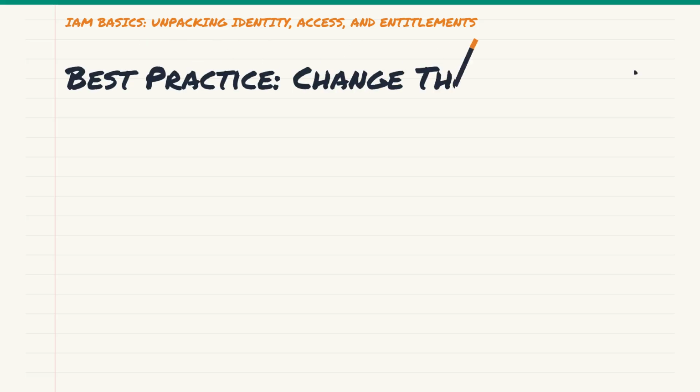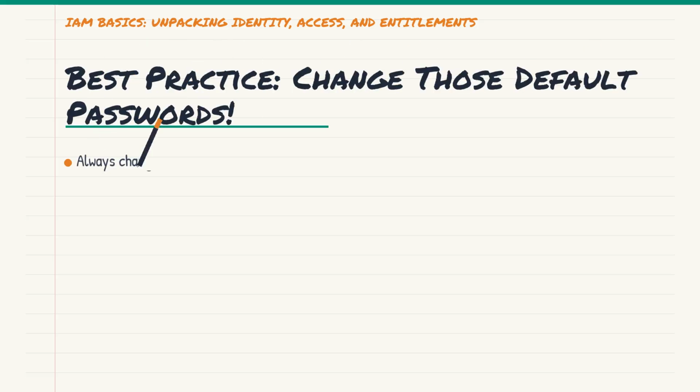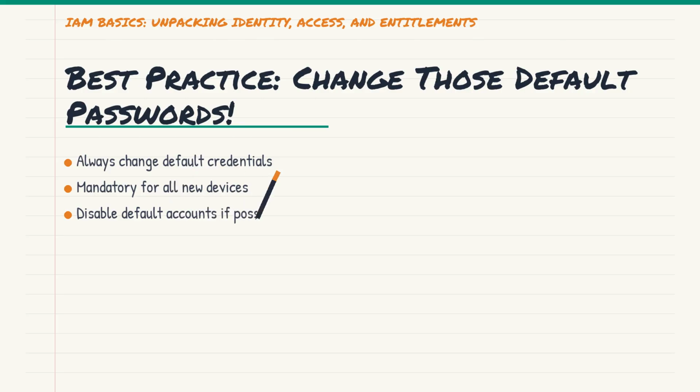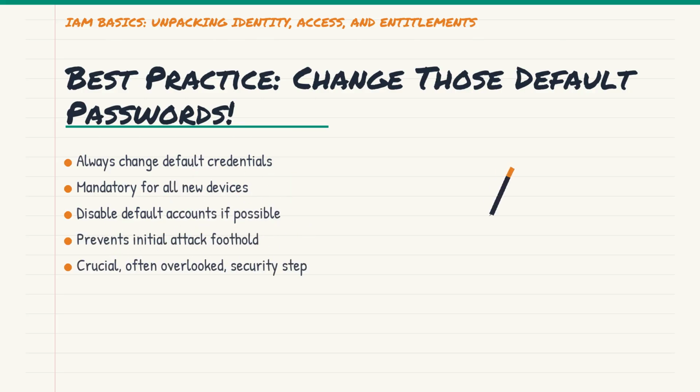The number one, simplest, most impactful mitigation from our scenario: always change default passwords on all devices, especially IoT. Manufacturers include them for easy setup, but they are a massive security risk. Treat every new device like it's a blank slate needing a strong, unique password.